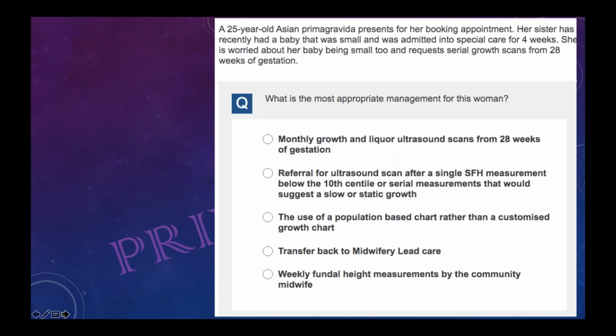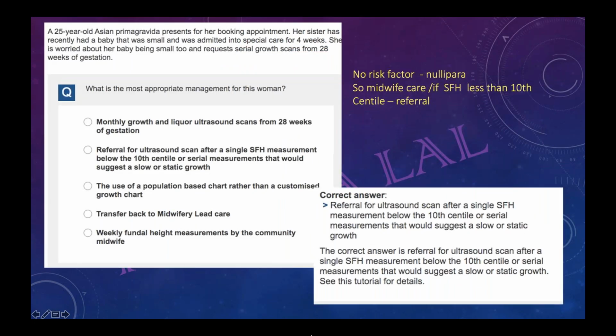Yes, B. So in this particular situation, she is nullipara, and no major risk factor is there. So the midwife will be doing care for her. Anytime the symphysiofundal height becomes less, then they have to refer her.